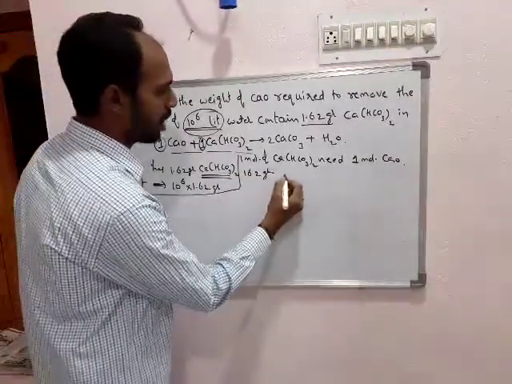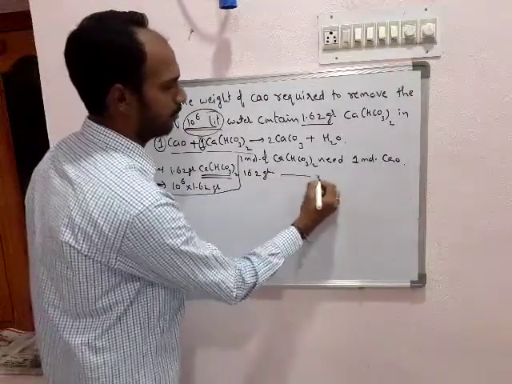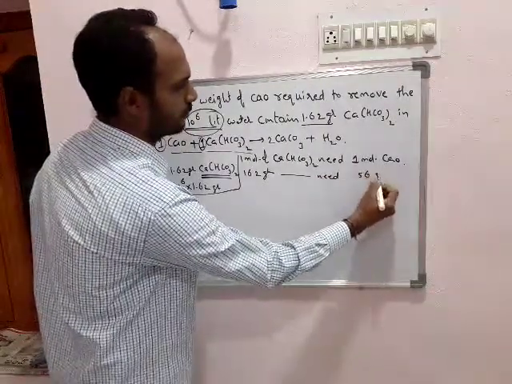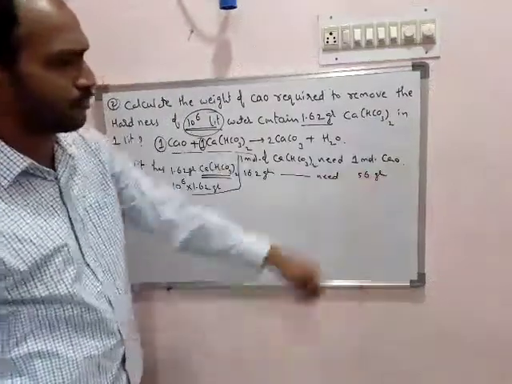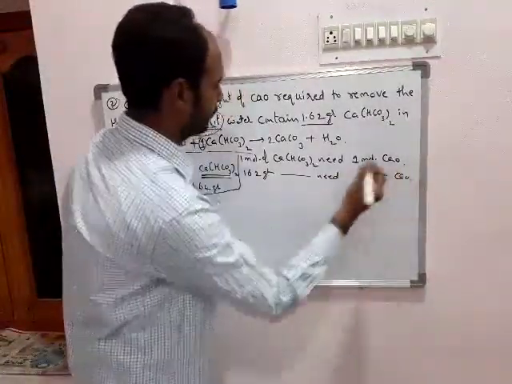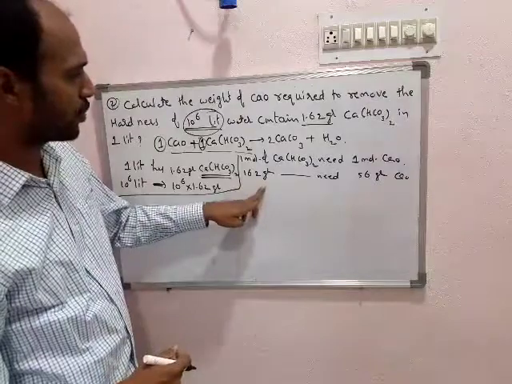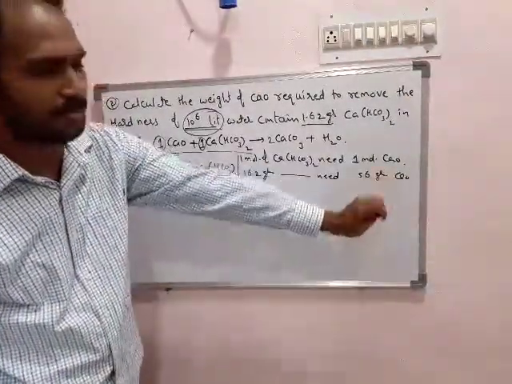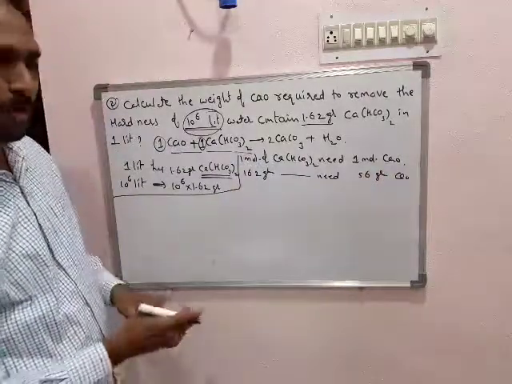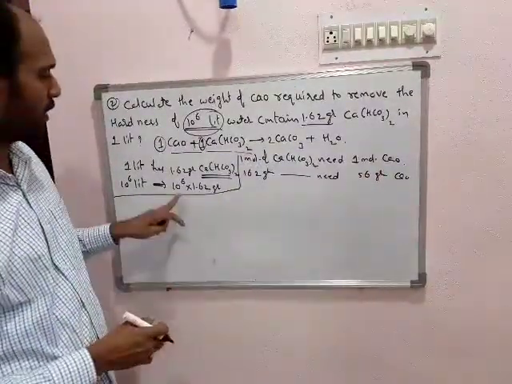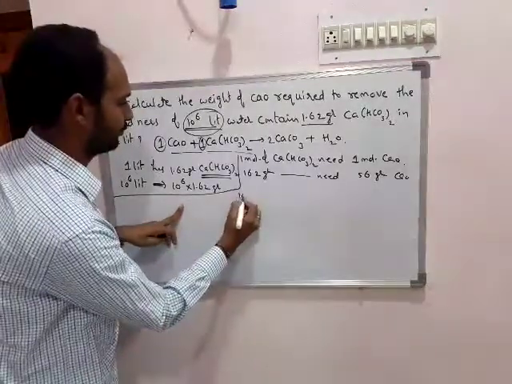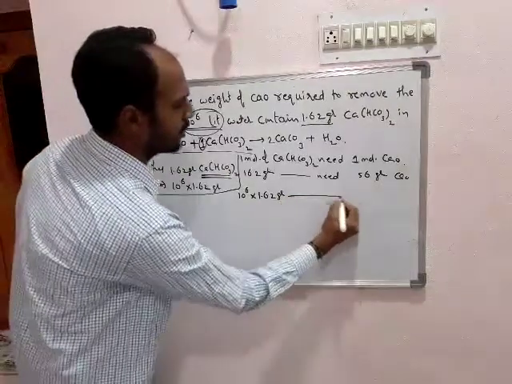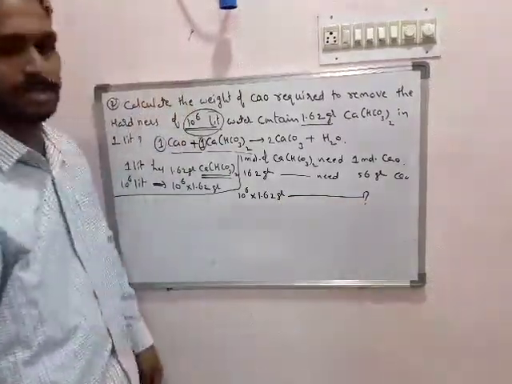So 162 grams of calcium hydrogen carbonate needs 56 grams of CaO. According to this equation, to remove 162 grams of calcium hydrogen carbonate it needs 56 grams of calcium oxide. In the problem, how much calcium hydrogen carbonate is given? 10 power 6 into 1.62 grams of calcium hydrogen carbonate. How much CaO?